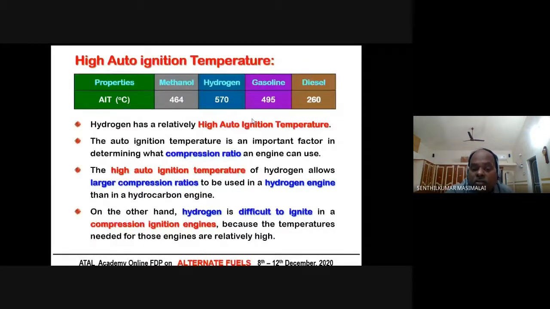As per the ideal Otto cycle, you are aware that the Otto cycle thermal efficiency depends purely on the compression ratio: 1 minus 1 by r power gamma minus 1, where r is the compression ratio. So if the compression ratio is increased, your thermal efficiency will automatically increase. This is the advantage of hydrogen.